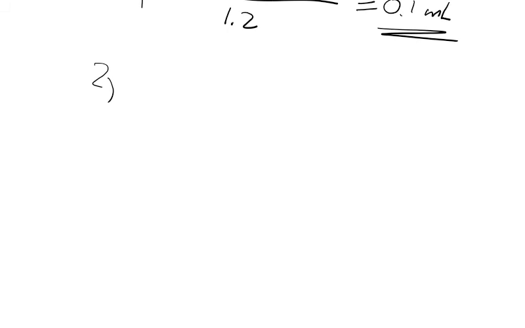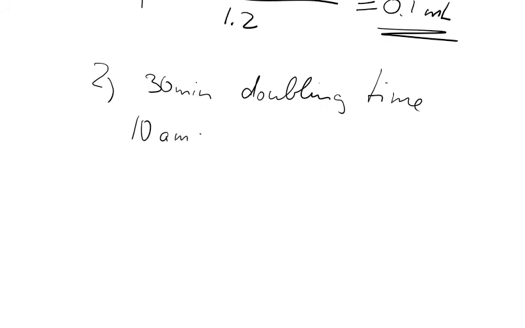So what we know is that we have 30 minutes doubling time. And we know that the bacteria grow from 10 a.m. to 1 p.m., which is exactly 3 hours. And as your colleague rightly argued, it is 6 doubling times.